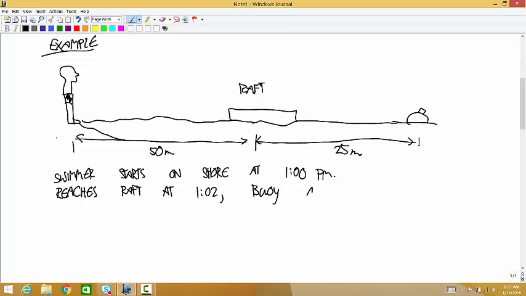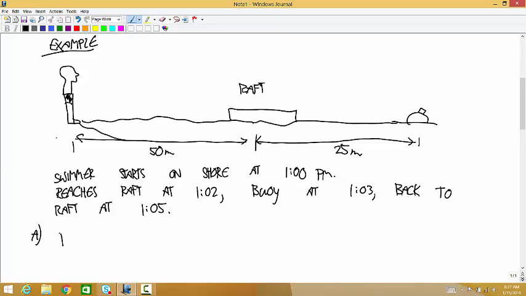The buoy at 1:03. And back to the raft at 1:05. Okay, so we're going to do this. What we're going to come up with is a position versus time graph for this motion, and we're going to do it with two sets of choices for those things that you have to specify.